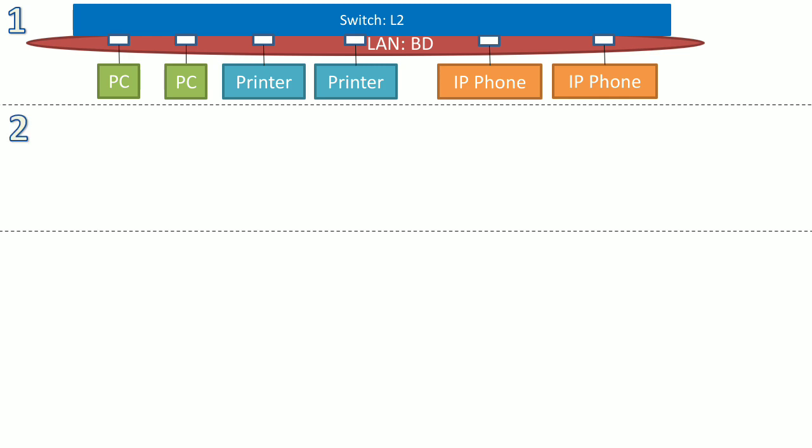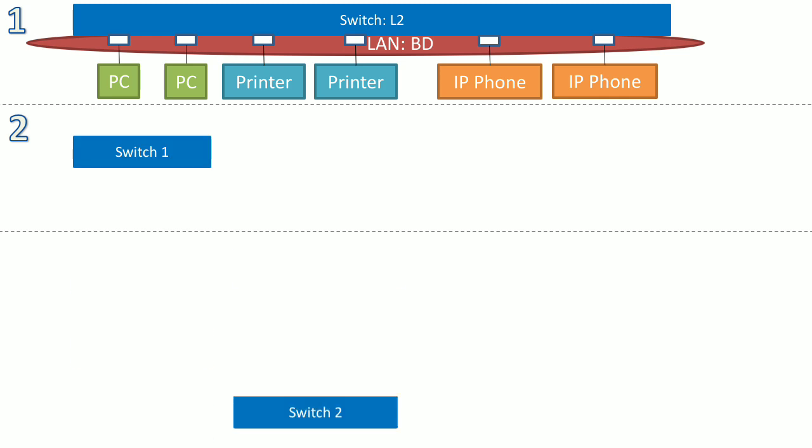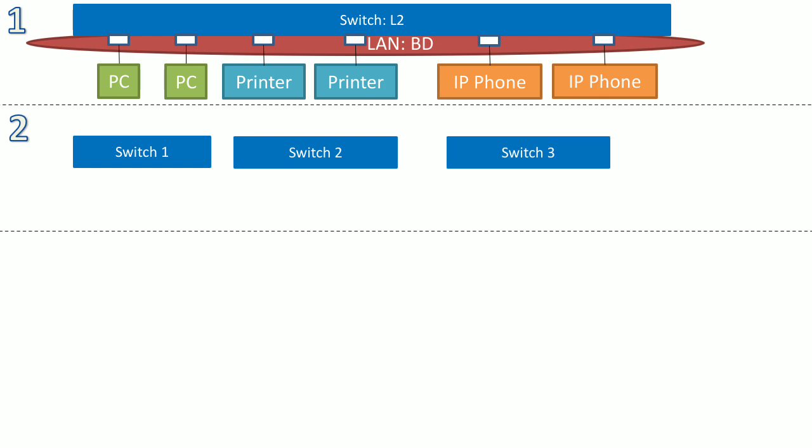Therefore, in the second scenario, we can physically purchase 3 switches. With the first switch we attach the PCs, and all the ports on the first switch will be in a single local area network.